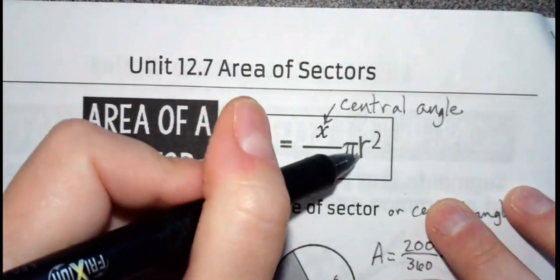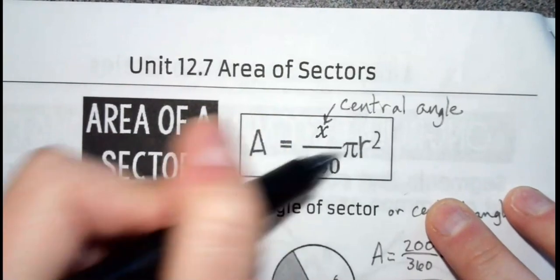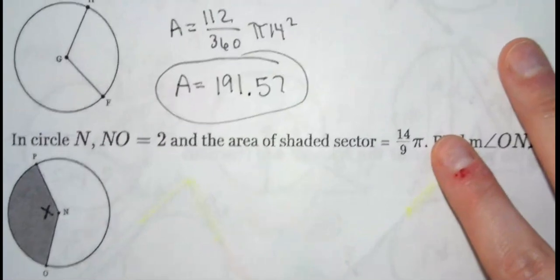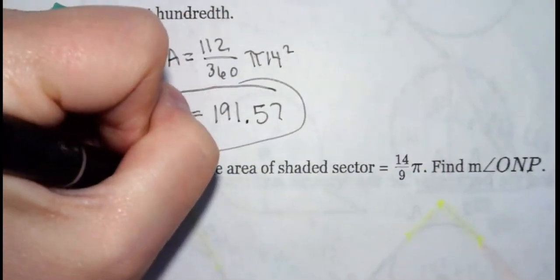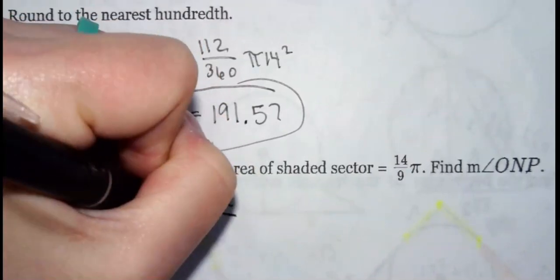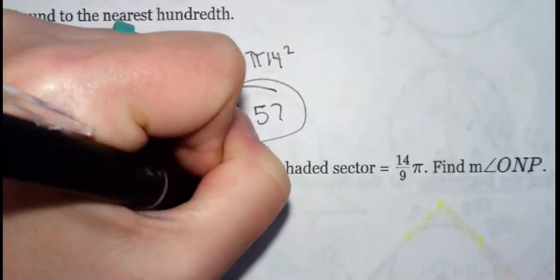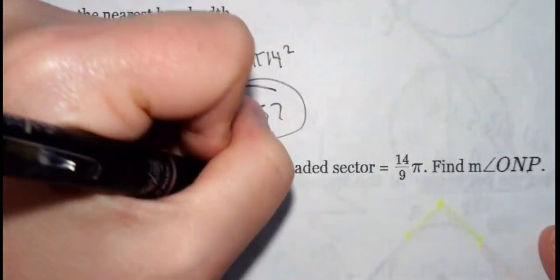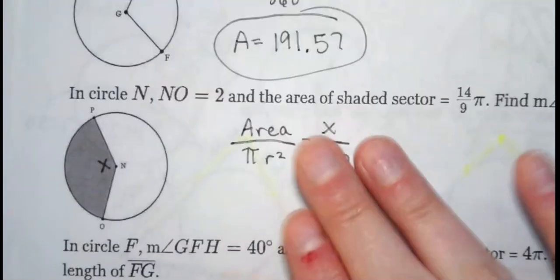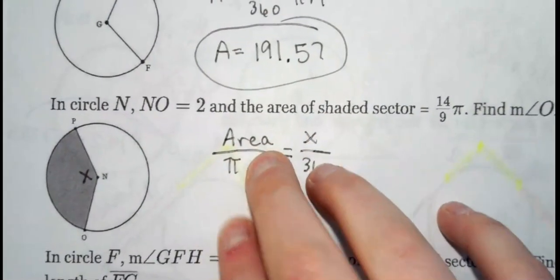I'm going to divide both sides by pi r squared and move it over here. I'll show you what it looks like, but this is the same formula. So this is the area divided by pi r squared equals x over 360. So I want you guys to write this proportion.